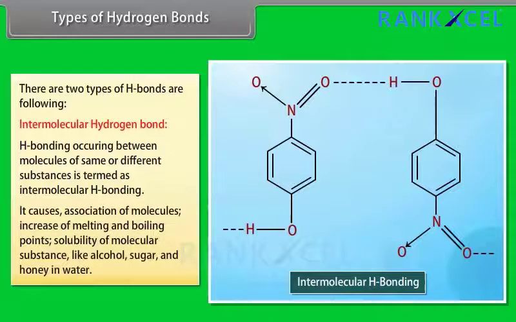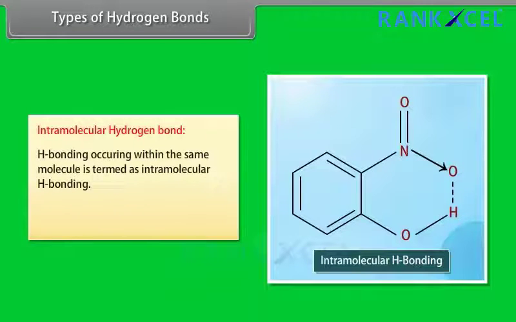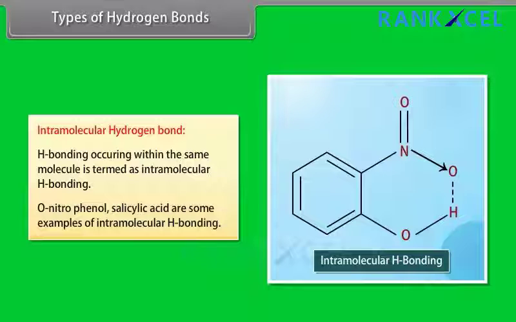It causes association of molecules, increase in melting and boiling points, and solubility of molecular substances like alcohol, sugar and honey in water. Intramolecular hydrogen bond. Hydrogen bonding occurring within the same molecule is termed intramolecular hydrogen bonding. O-nitrophenol and salicylic acid are some examples of intramolecular hydrogen bonding.